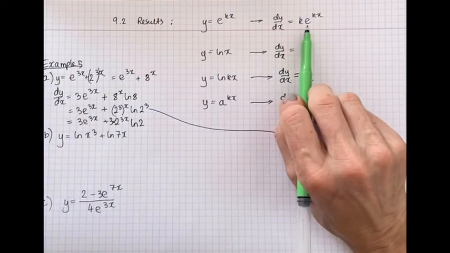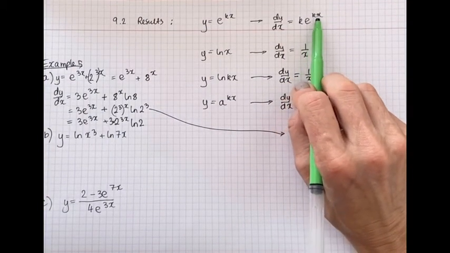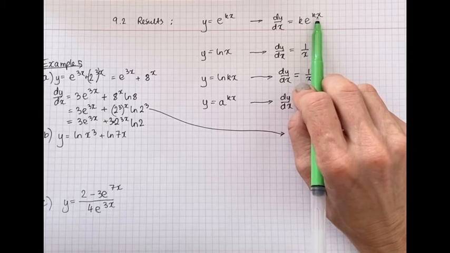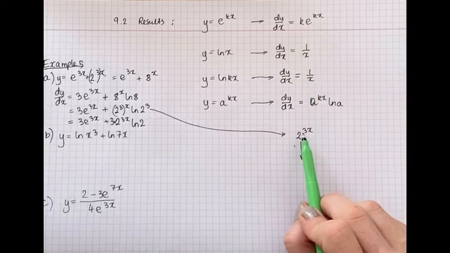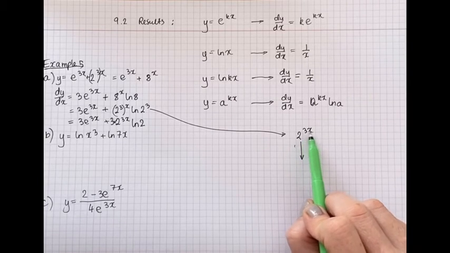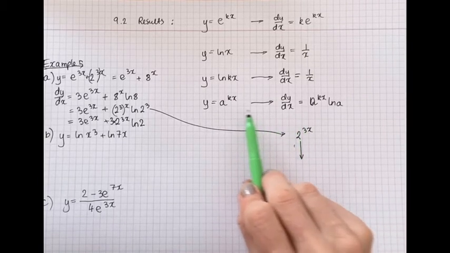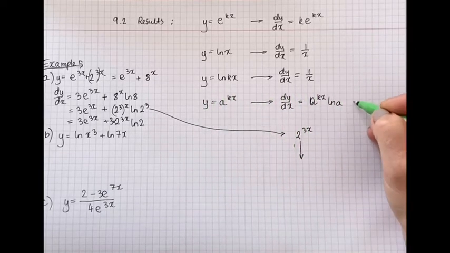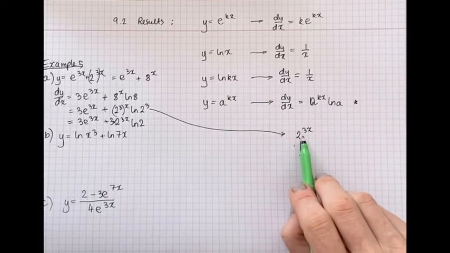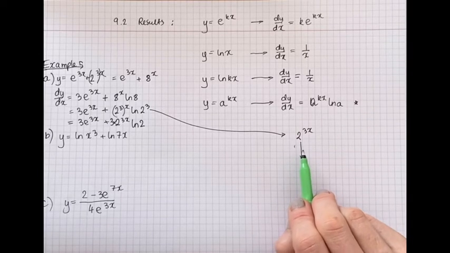Notice if you had kx in the power instead of x, you had to multiply by k. So here we have got 3x in the power, so we'll follow the last rule that I've listed, but we'll have to multiply everything by 3.